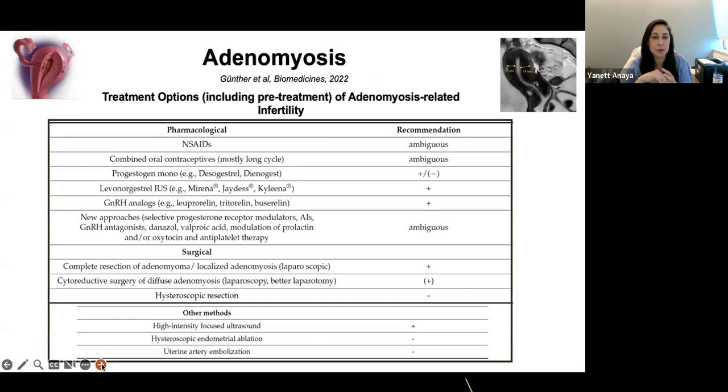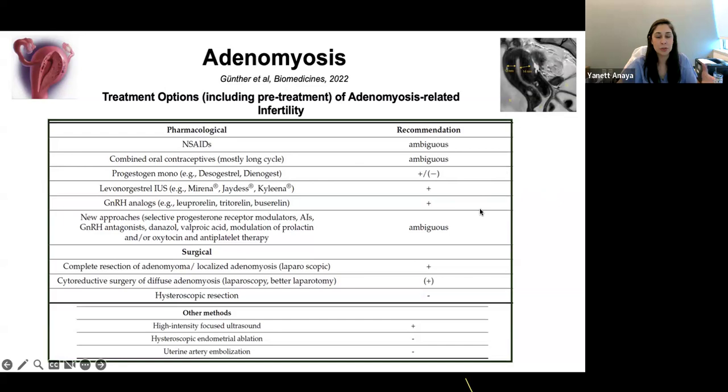Now, as far as treatment for adenomyosis, this is sometimes a little more difficult with the studies that we have available, as far as pre-treatment for infertility treatment. For adenomyosis, something like an NSAID, which is a non-steroidal anti-inflammatory like ibuprofen, or birth control pills or progesterone-only pills, means that you are not able to try to conceive during that time.